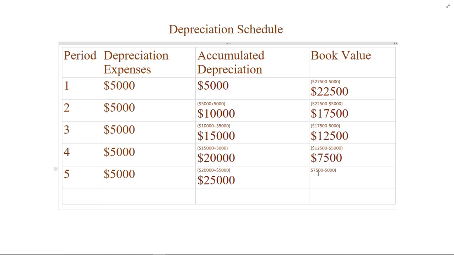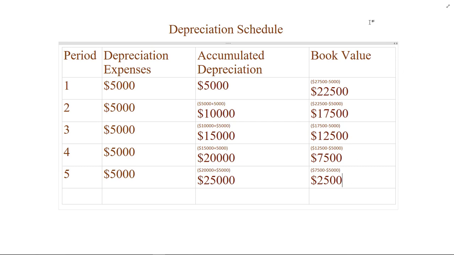So 7,500 USD minus 5,000 USD, that's equal to how much? The residual is equal to 2,500. So students, 2,500 is the book value, or the residual value.